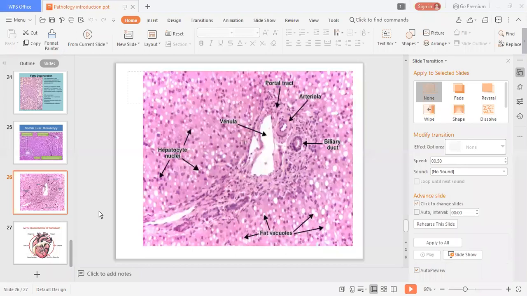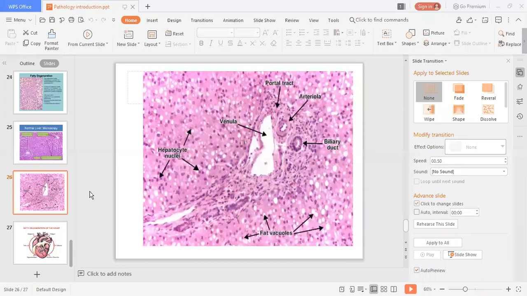So fatty changes in the liver sometimes may be due to hepatotoxic agents like viruses, bacteria, or chemicals such as chloroform, carbon tetrachloride, phosphorus, or alcohol, or bacterial infections like diphtheria, or viral infections like hepatitis A and hepatitis B. In those conditions, the normal metabolism of fat gets disturbed. Then metabolic conditions like toxemia of pregnancy, that is eclampsia.